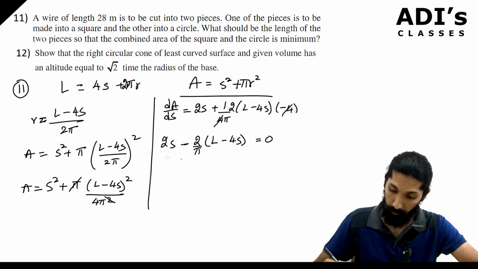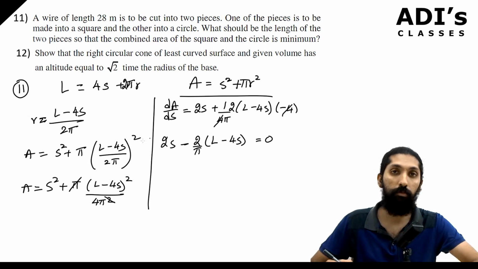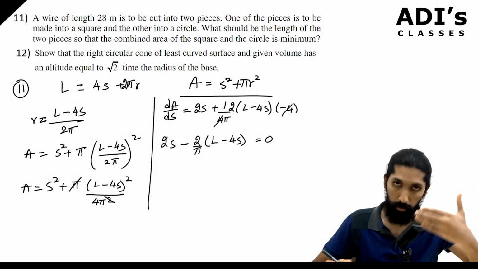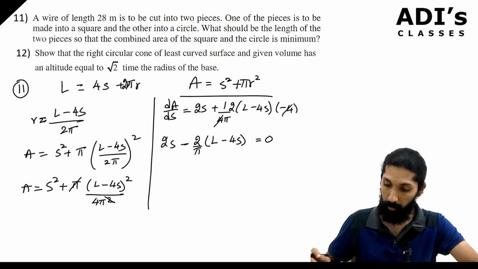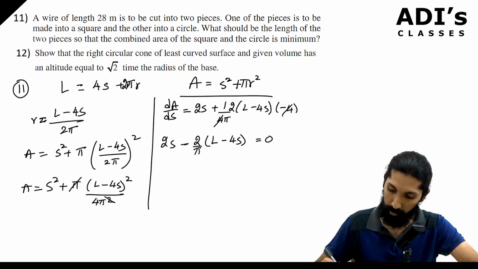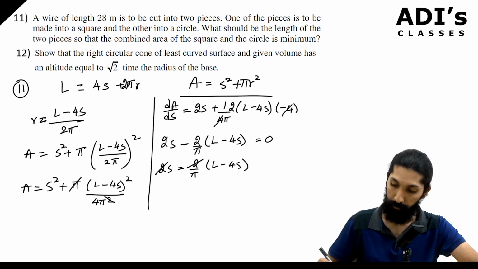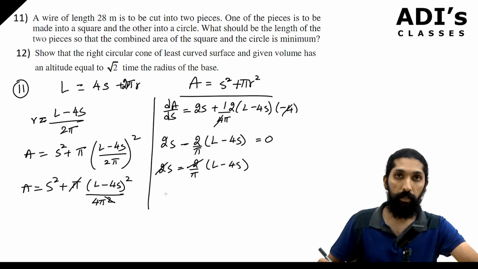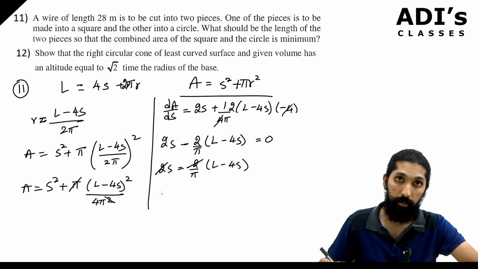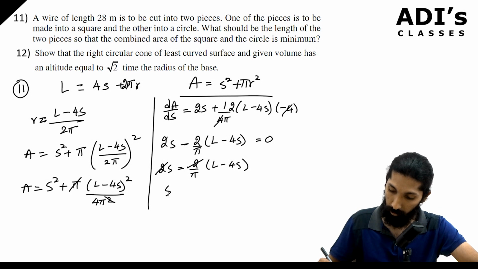Once you equate this to 0, take off the 2 because 2 is common anyway. That means you will get 2S is equal to 2 by pi into (L minus 4S). 2 and 2 cancel off. What you need is basically the value of S, correct? So, S is equal to L divided by pi minus 4S divided by pi.